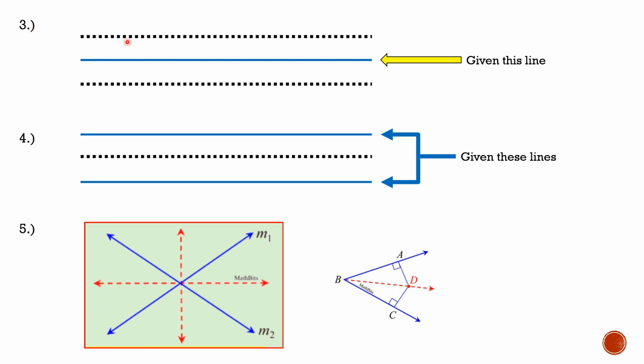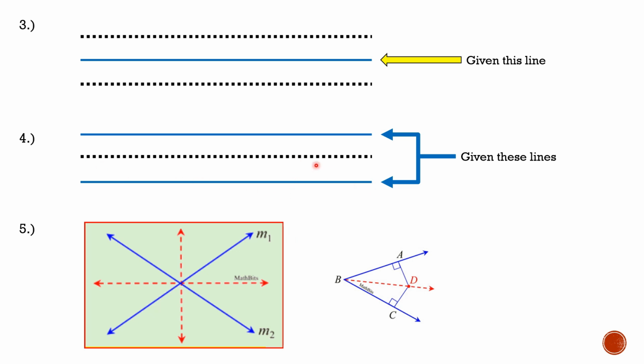Kung ang given naman ay isang line, ang maaaring ang locus niya ay 2 parallel lines sa taas at sa baba. Kung ang given naman ay 2 parallel lines, so ang locus niya, isang line sa pagitan nila. It cannot be up or down kasi hindi na niya masasatisfy dito sa gitna.